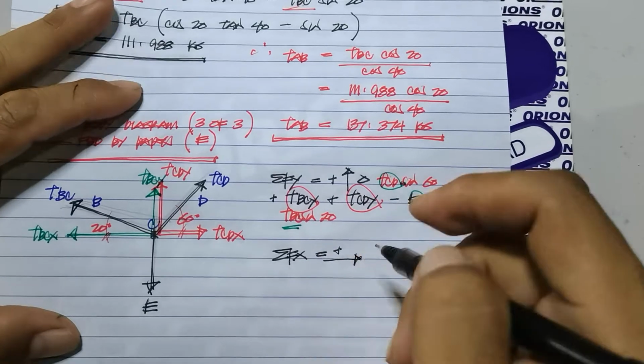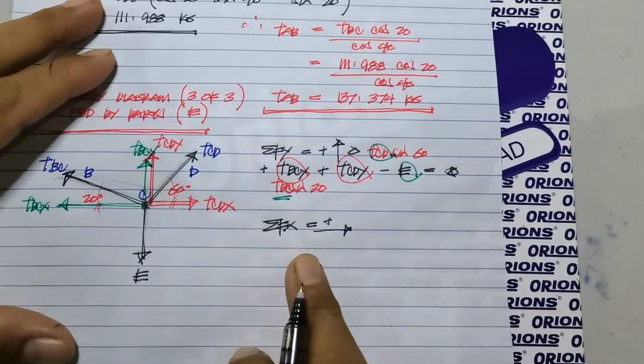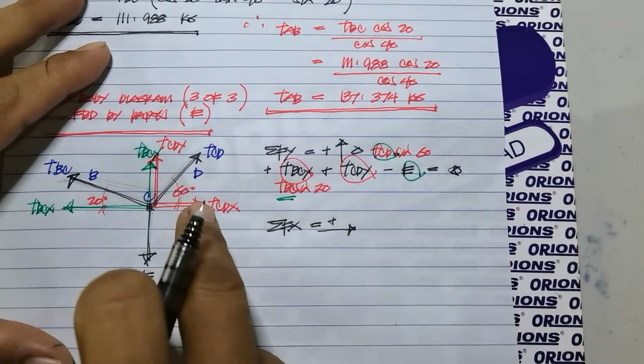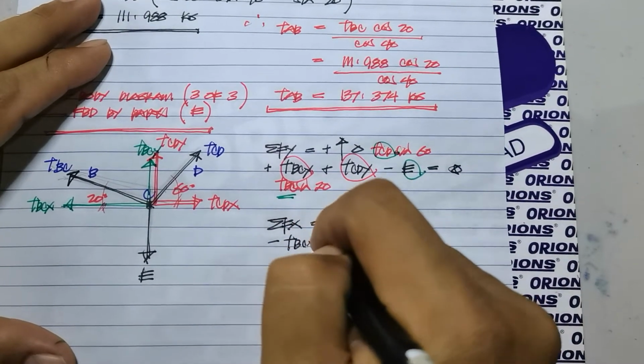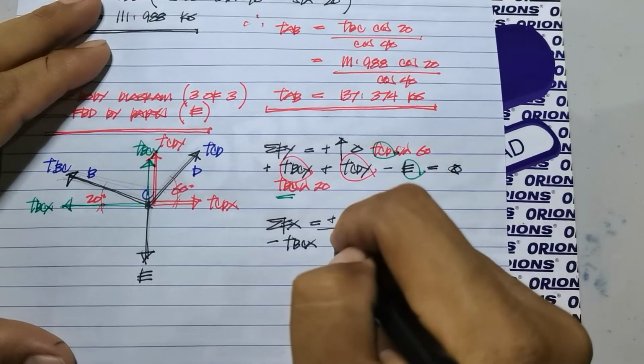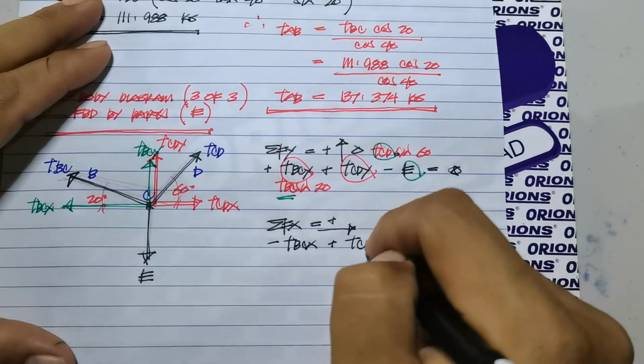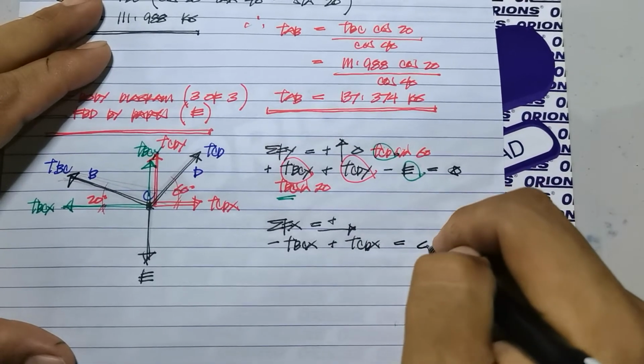So, for the horizontal equation, only two values will reflect: negative TBC of X plus TCD of X is equivalent to 0.